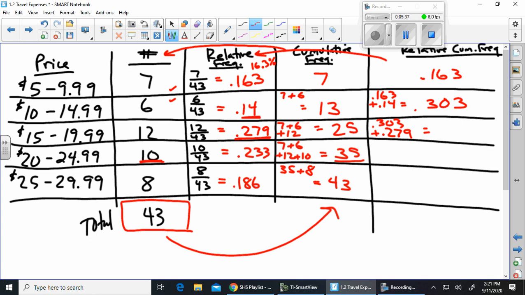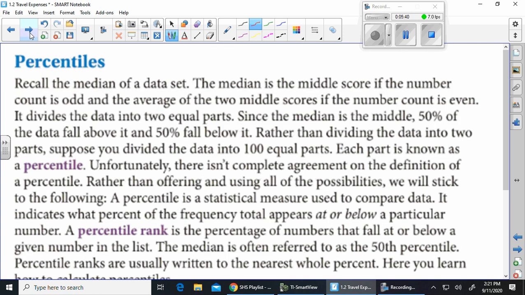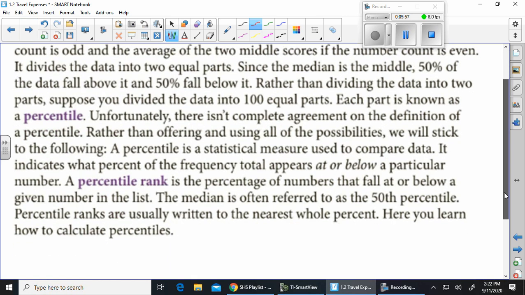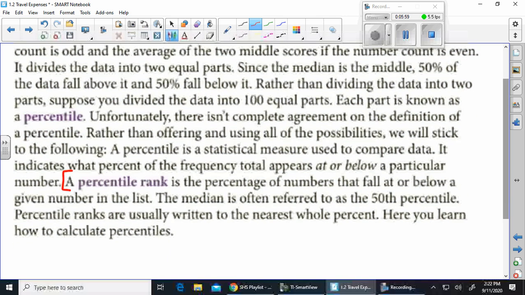So the only thing left is percentile. If you're asked about the percentile, the most important part in this whole little thing is really here.